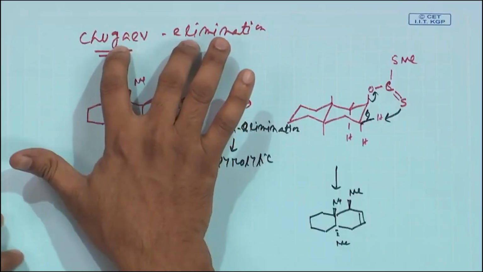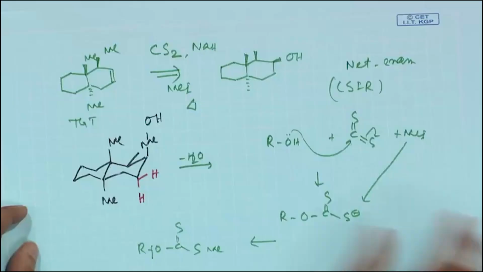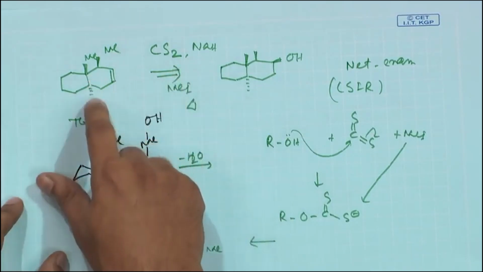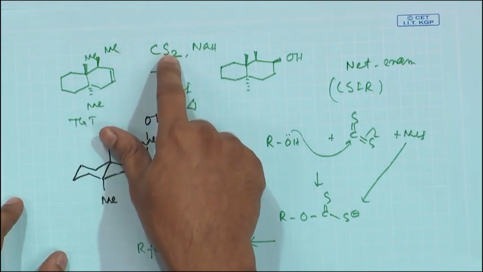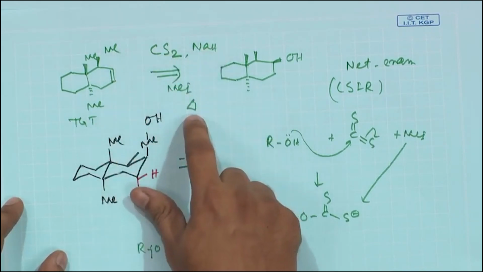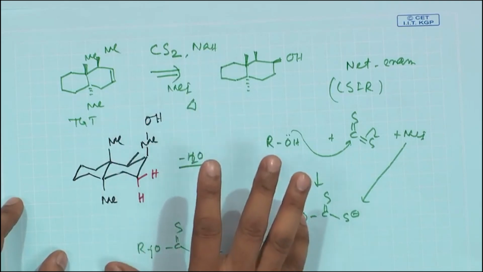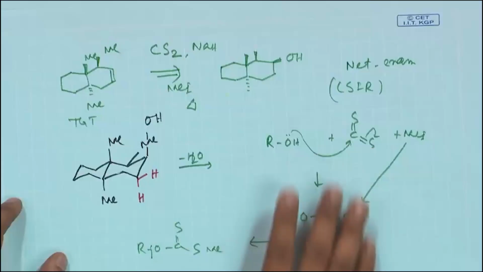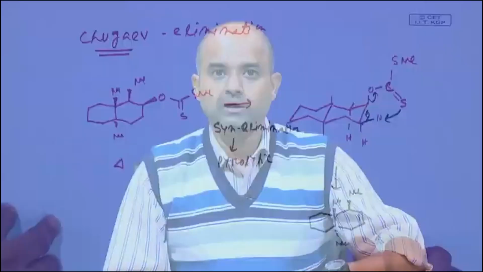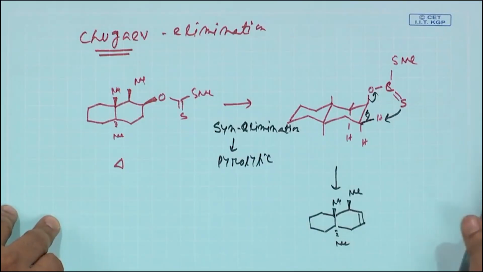Now, you may ask, sir, why do we have to study the Chugaev elimination? Probably there are other ways you can do it, but if in the exam they give you the reagent sequence, that this alcohol is reacted with this set of reagents, carbon disulfide, sodium hydride and methyl iodide, and it is heated, and if you know the mechanism of this reaction, you can easily formulate how this Chugaev elimination or syn elimination takes place, and finally the olefin will be generated.